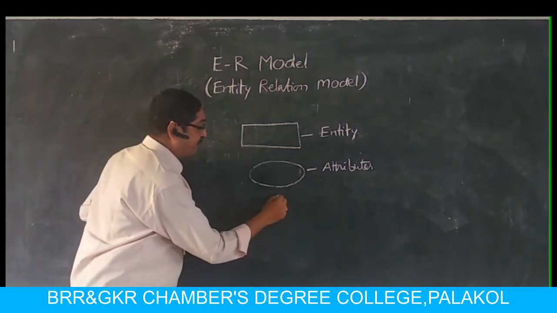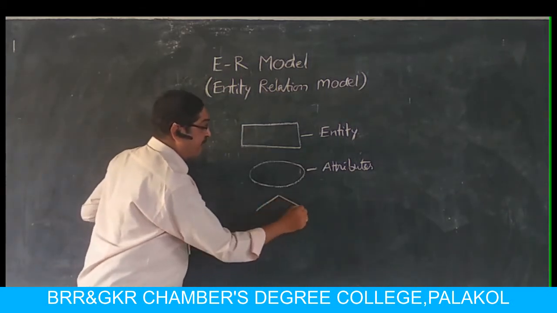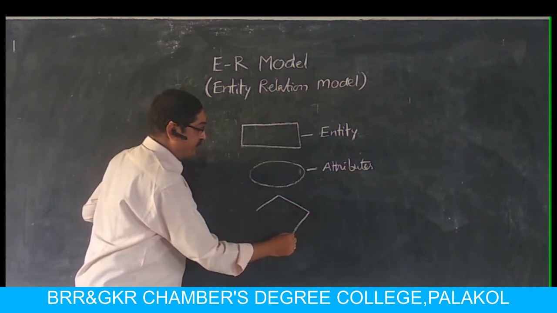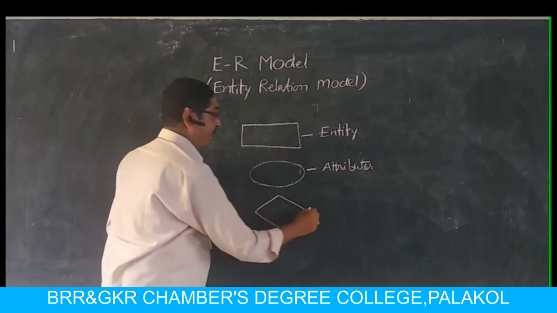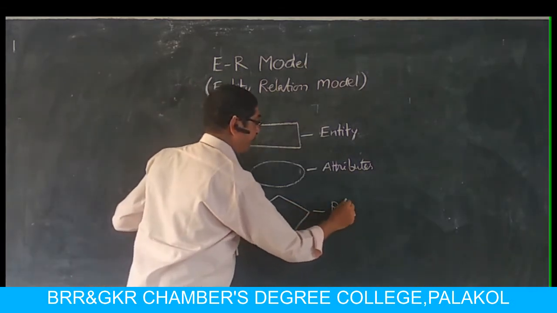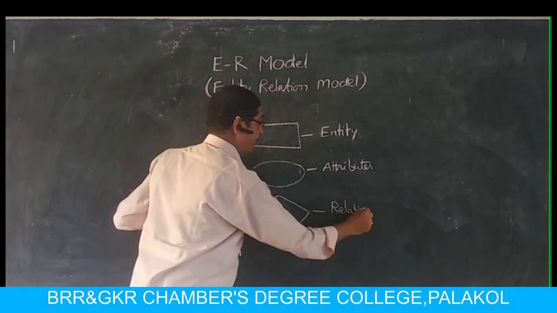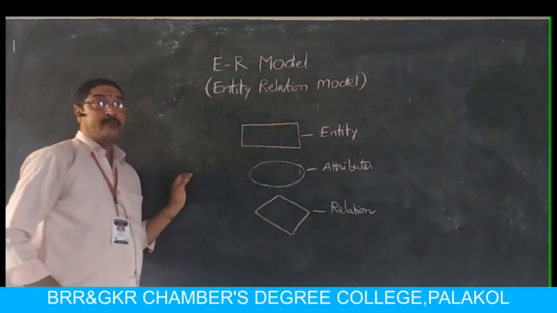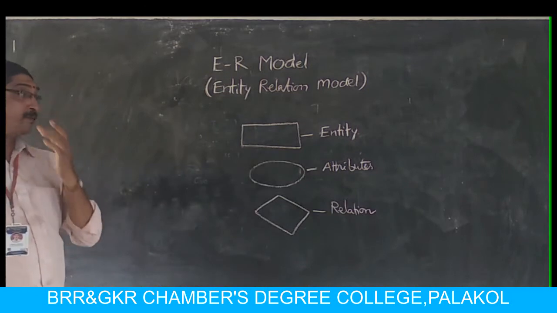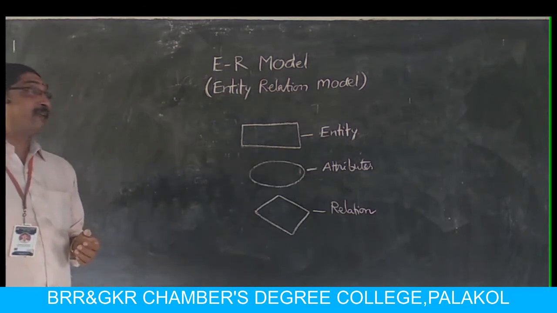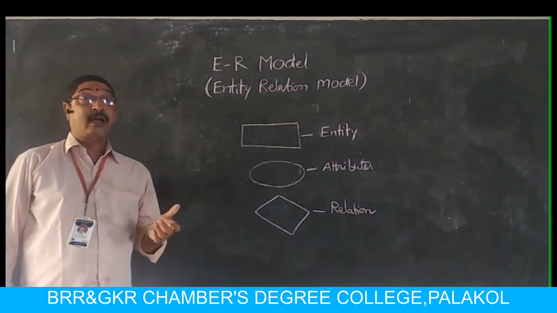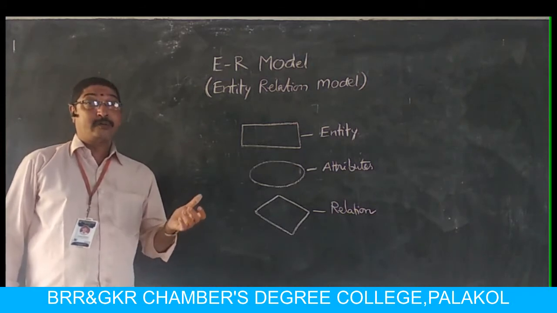Relation can be represented with the help of a diamond. So these are the symbols that we'll use in ER diagrams. Please study these ones. With the help of these, I will try to explain how the diagram will look.